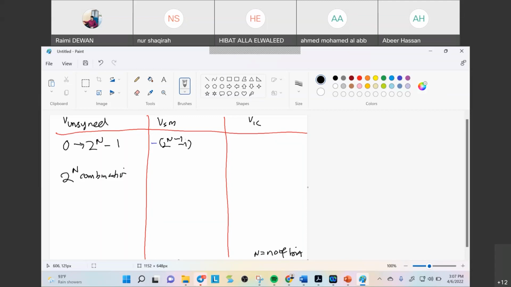I need to make it very clear, otherwise you guys get confused, because not all of you have the module. So -2^(n-1) until 2^(n-1) minus 1. Okay, so this is the range of values.